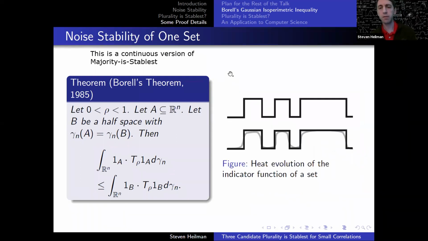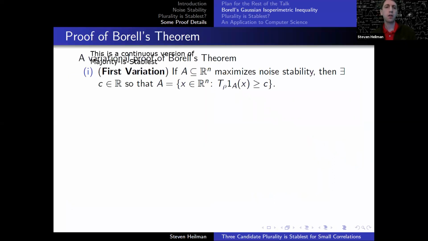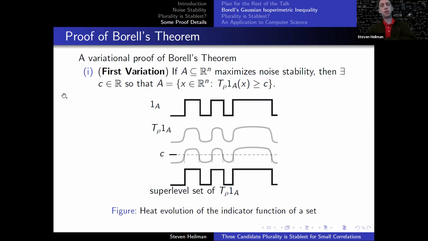And this is the picture I showed before. So let me clear this out. Like I said, the plan for the rest of the talk is to give a variational proof of this Borell's theorem. We have several proofs of this theorem, but I haven't seen a variational proof of it before.